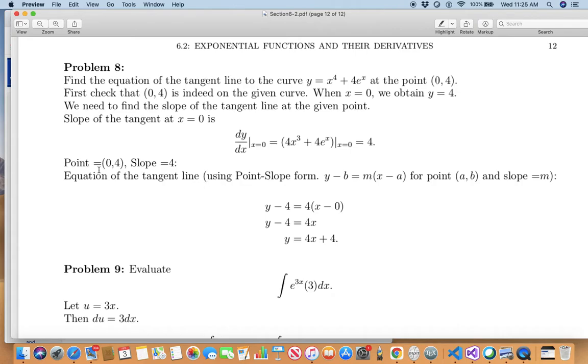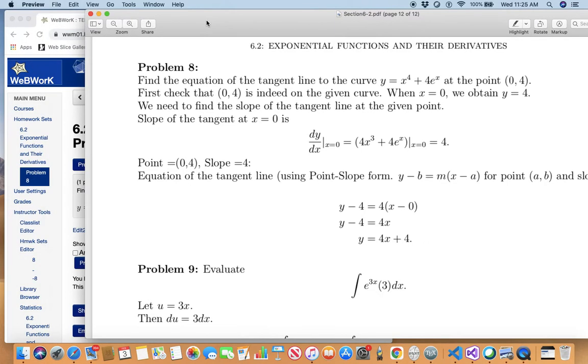Equation of the tangent line. Once you have a point and slope, the point-slope form is y minus the y-coordinate equals slope times x minus the x-coordinate of the point. So y minus 4 is 4x, and y is 4x plus 4.